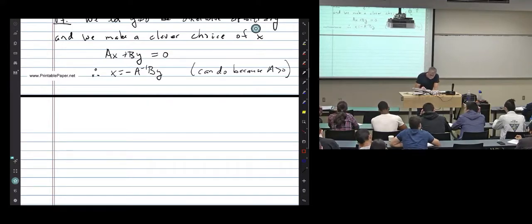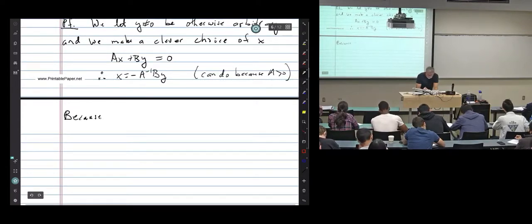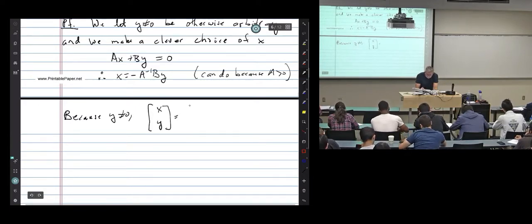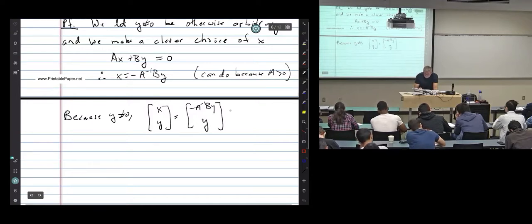Okay? Now, y is not equal to 0, so x, y with x equals minus A inverse By. Can I dictate and have somebody come up here and just write? That would be so nice. Okay?